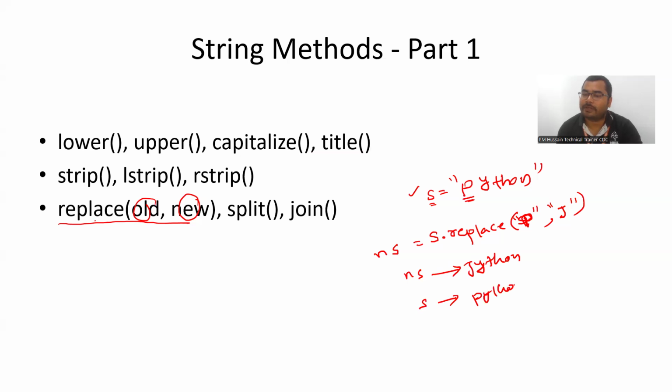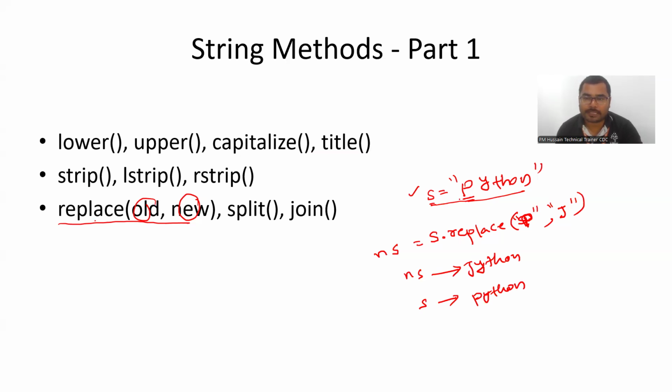Why? Because we already discussed strings are immutable. Once you create a string, you cannot change it. So here we created s with Python. If you try to modify the string, it is not possible in Python. We are trying to modify P by using the replace method.